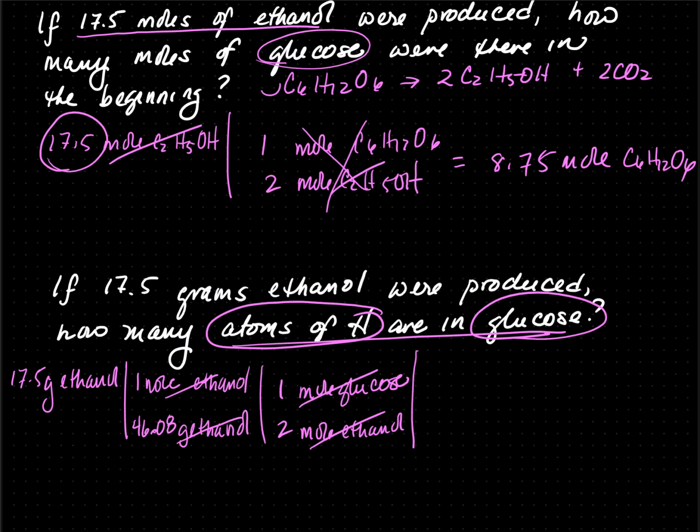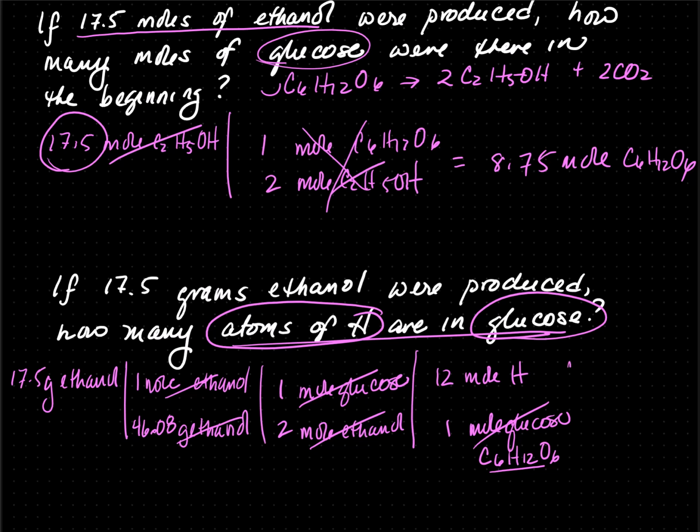Moles of glucose. Since glucose, remember, is C6H12O6, when I have 1 mole of that, there are 12 moles of hydrogen, because in 1 mole of glucose, there are 6 carbons, 12 hydrogens, and 6 oxygens. And remember, moles measure any amount.